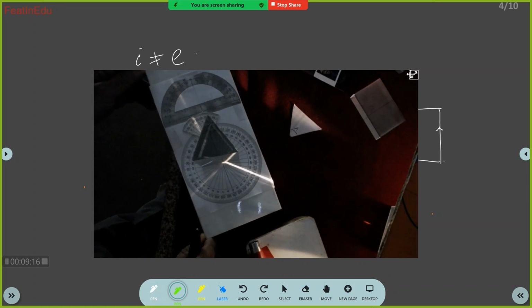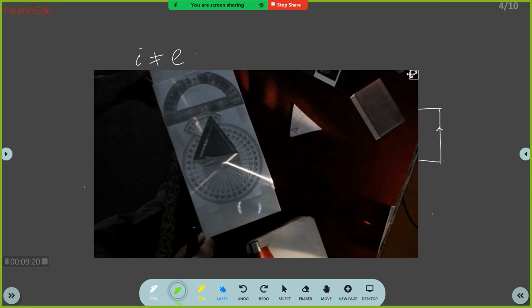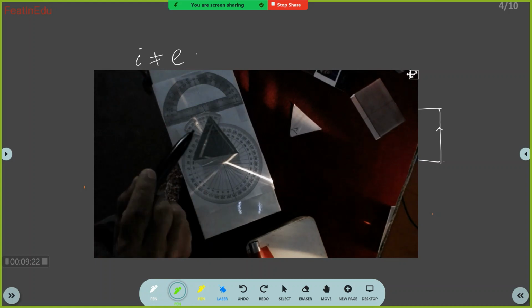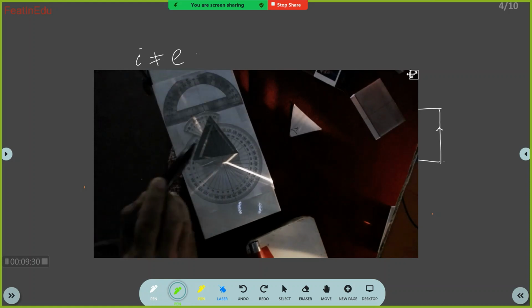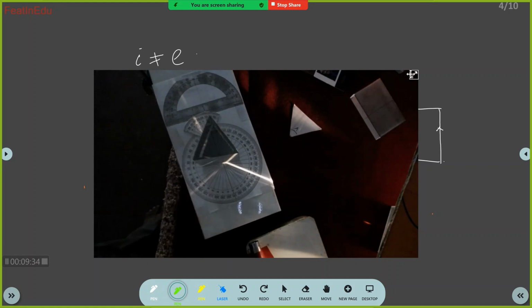For this angle of incidence, this angle is the emergent angle, because this side is perpendicular to the prism. Any question here?